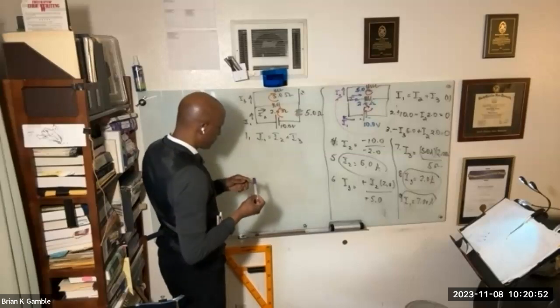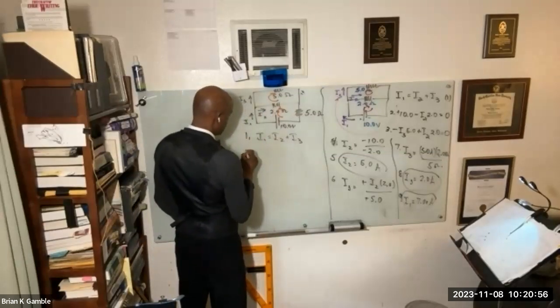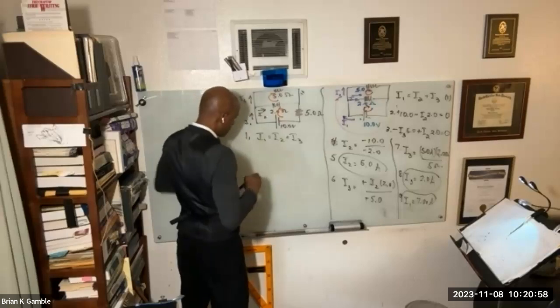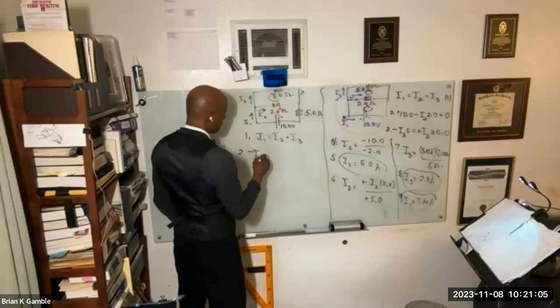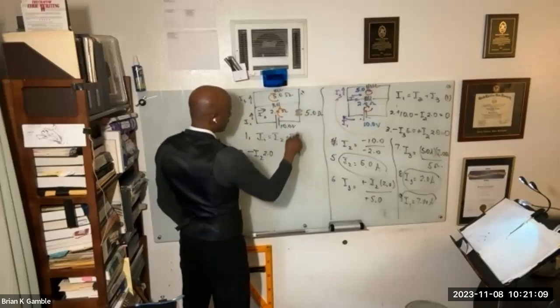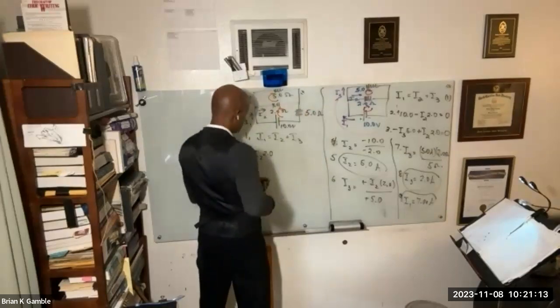So here, starting here, going through, I'm going to have a minus I2 times 2. And then now here, well, obviously I1 would be coming out. So we have to think about that a little bit.